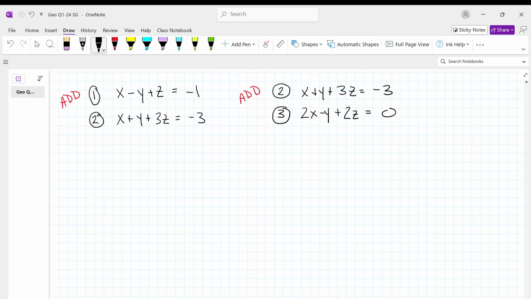Now, when we combine equations 1 and 2, it gives us equation 4. So x plus x is 2x. Negative y plus y is 0. And z plus 3z is positive 4z. And that's equal to -1 plus -3, which is -4.